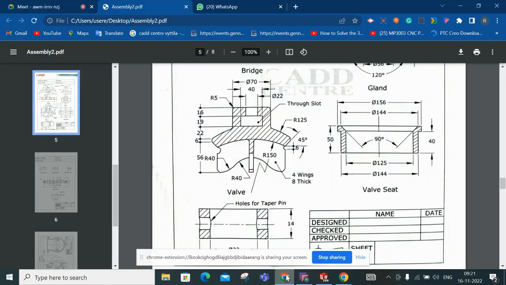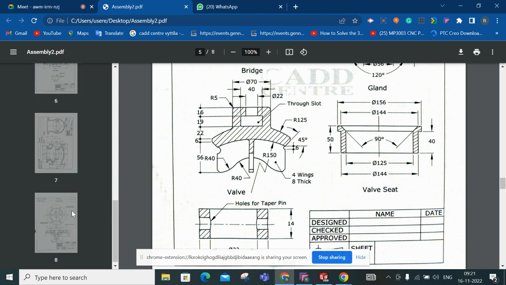Okay. Then we have, you see, there is some inclination, some angle, but the proper length of that angle is not given. Sorry, the proper length of this point is not given. In such cases, how we have to do the assembly or drawing is that check where that part is going to get attached or assembled.